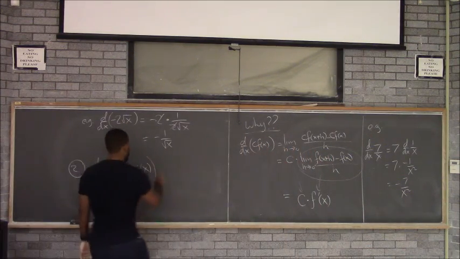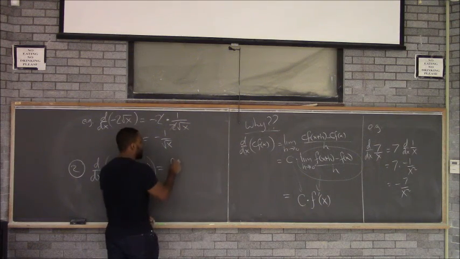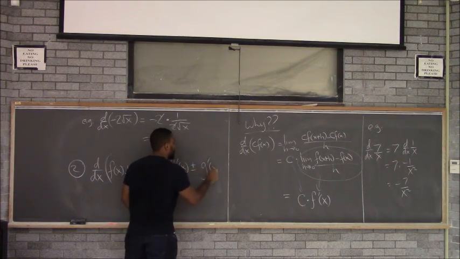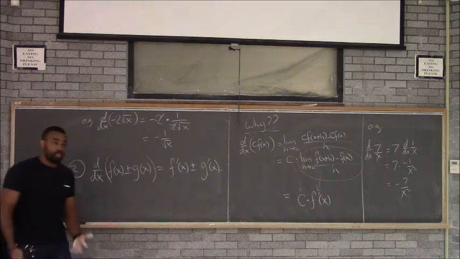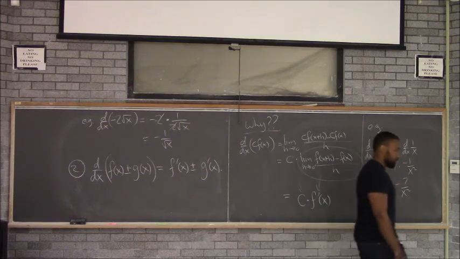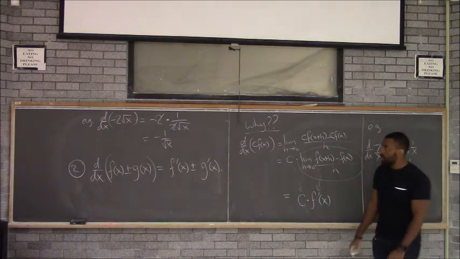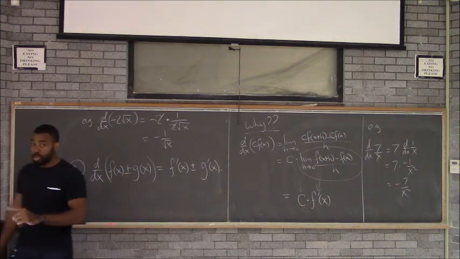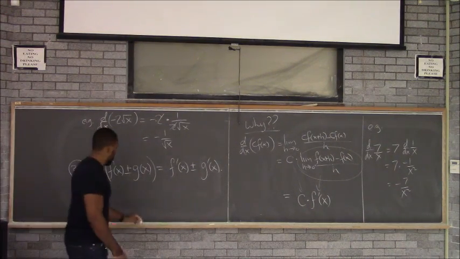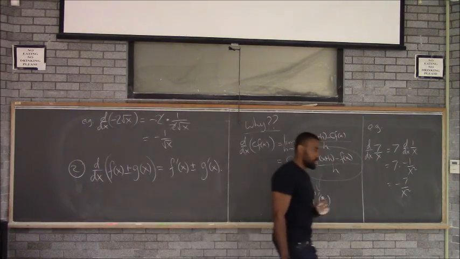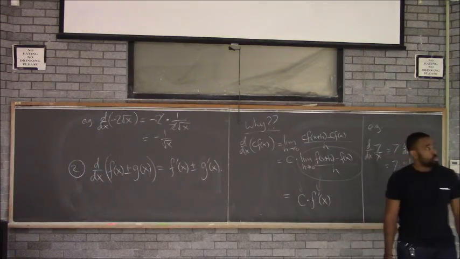In fact, it will be the derivative of the individuals added together. The derivative of a sum is the sum of the derivatives. The derivative distributes across sums. So you can factor constants outside the derivative, and you can distribute a derivative across sums. Derivatives do not distribute across products, and we'll deal with that probably next class.